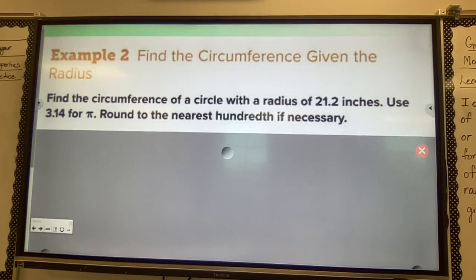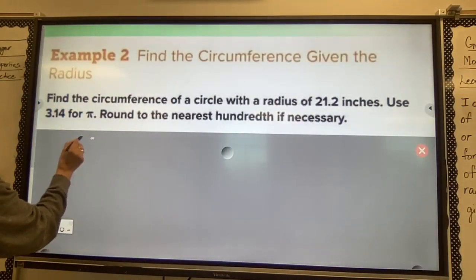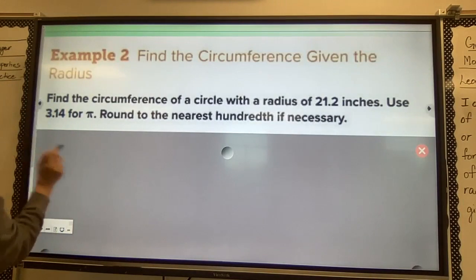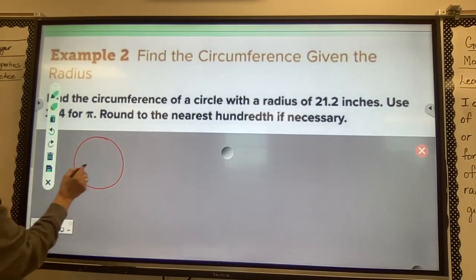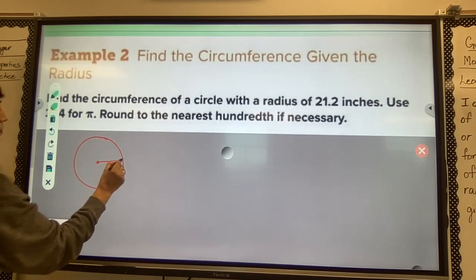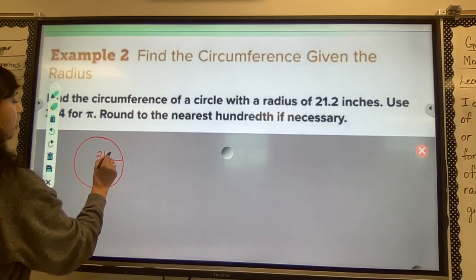Okay, so we know that we have two different formulas. This one is telling me that if I have a circle, my radius is 21 and 2/10.